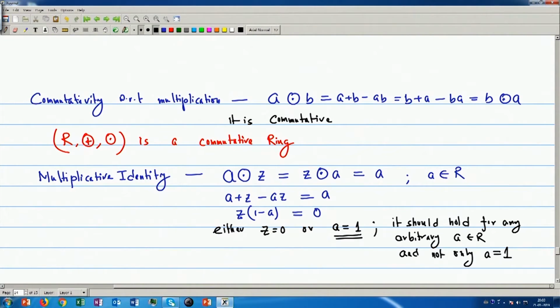So, that means z equal to 0. So, multiplicative identity exists and it is 0.